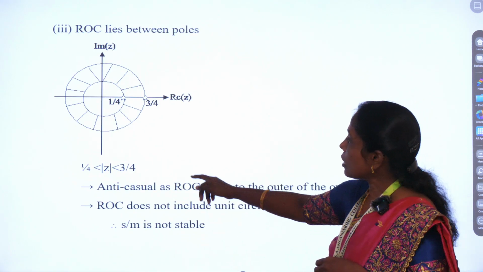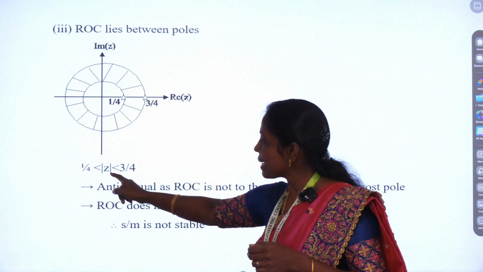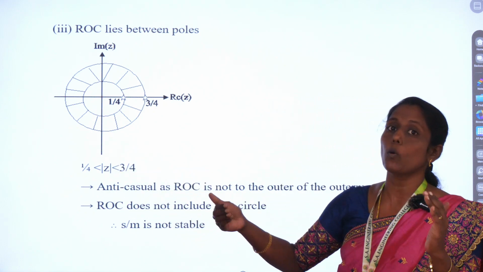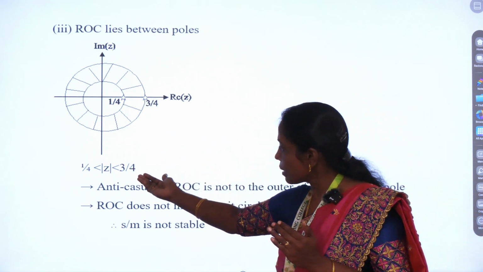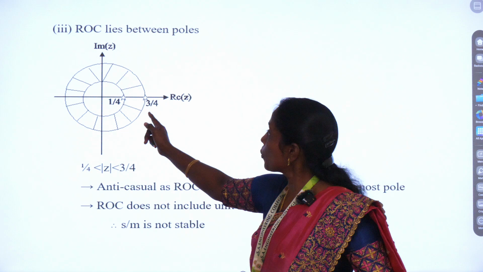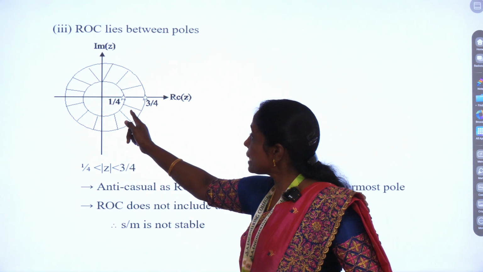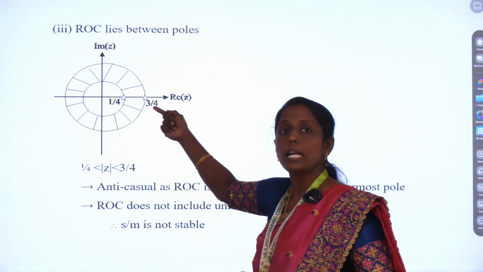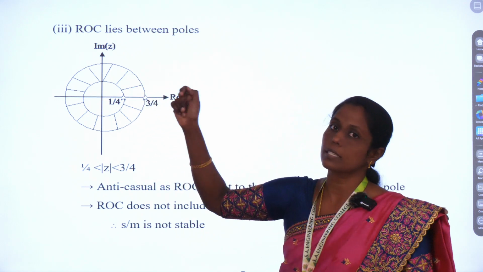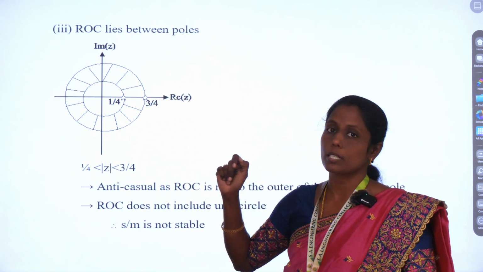In the third case, I said the ROC is to be considered in between the pole 1 by 4 and 3 by 4. So this is our pole 1 by 4 and this is our pole 3 by 4, and the ROC lies in between them. Now check for the causality and stability. You know the condition of causality, right?